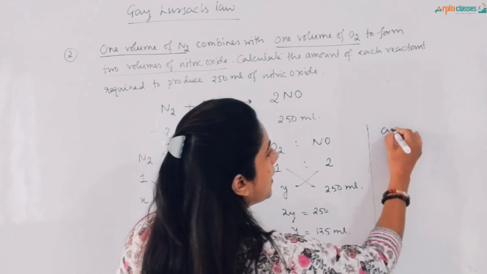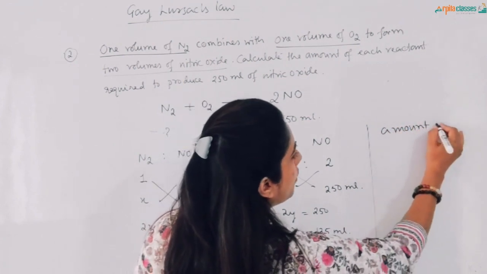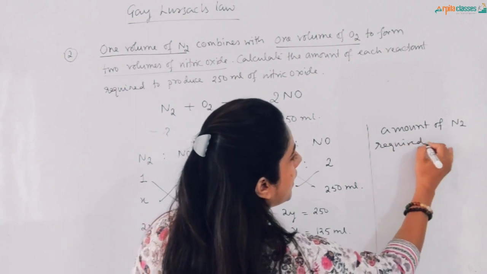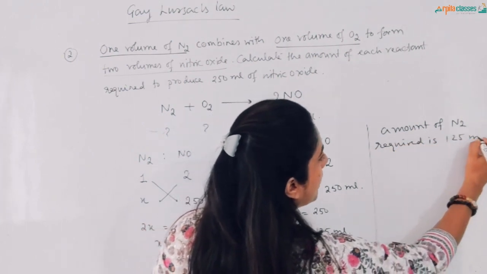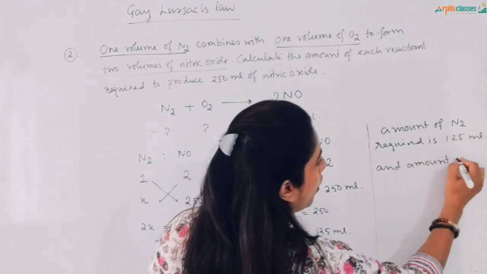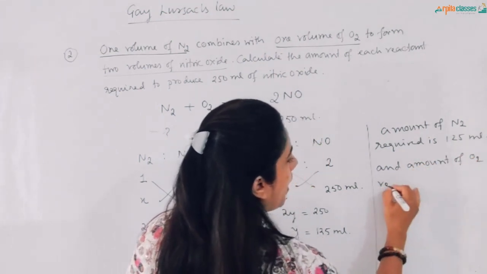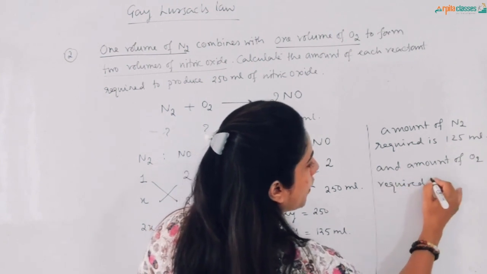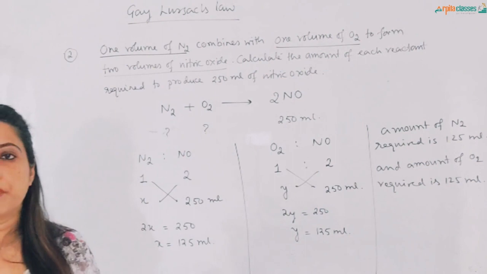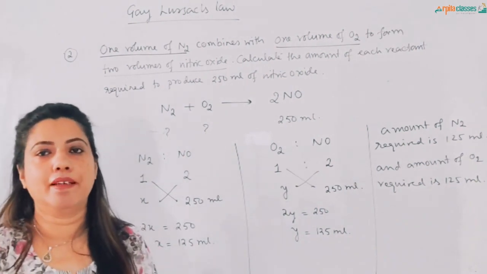So here you have to write amount of nitrogen required is 125 milliliter and amount of oxygen required is 125 milliliter, or you can write amount of nitrogen and oxygen required is 125 milliliter each.